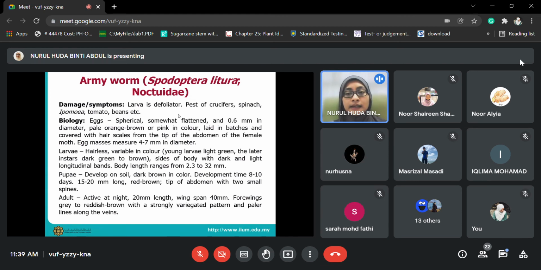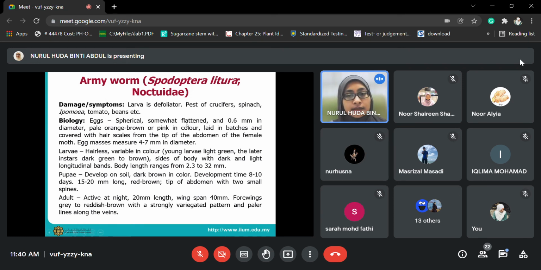So dia akan makan daun, especially your vegetables lah. Sebab compared to the large trees, the leaf of vegetable usually is more soft, lagi lembut compared to the large tree. So usually you may find this armyworm on the vegetables, either like crucifer, spinach, ipomoea, like tadi keluarga kangkung, okay, tomato, beans and so on.